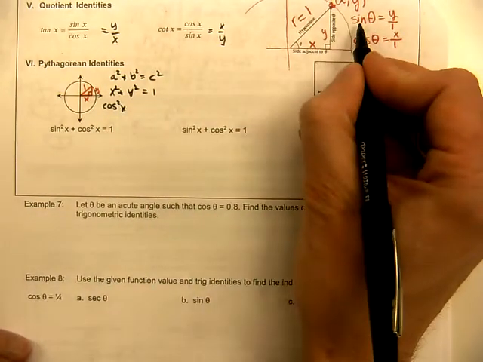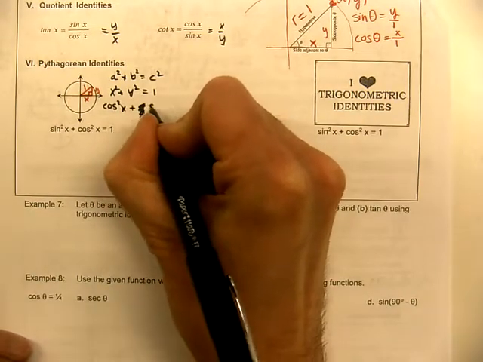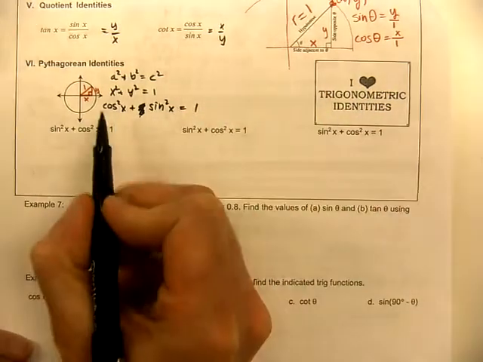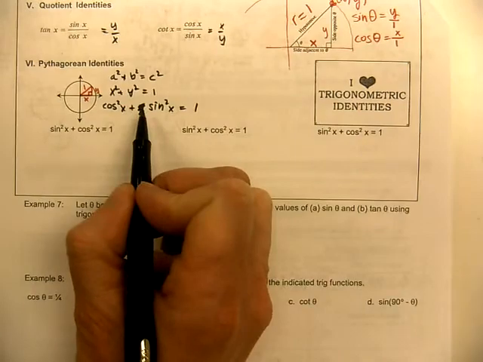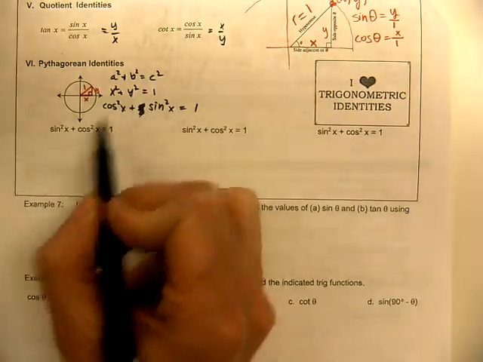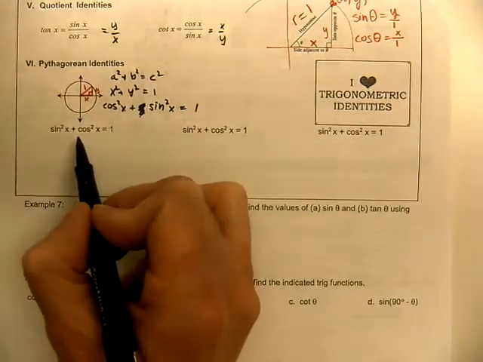If y is associated with sine, then we have a sine squared. And that's our Pythagorean identity. It's a special relationship, right? It's a way of relating cosine squared with sine squared. Now here it's set up with sine squared in front, but it's the same thing. All right, so we'll be using that in a moment.